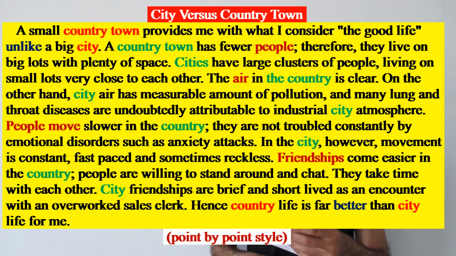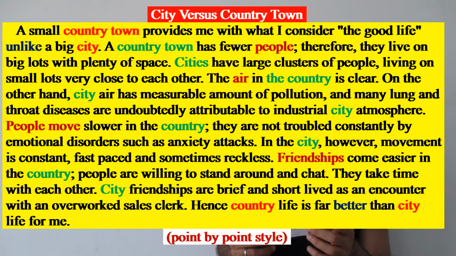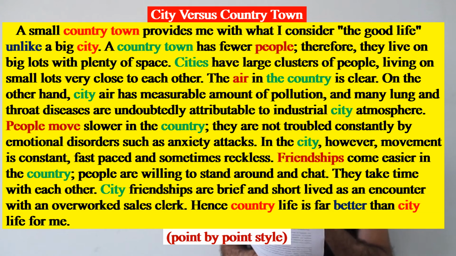A small country town provides me with what I consider the good life, unlike a big city. Unlike a big city. So here I have my subjects, which are country town and city, and these are the topic also.